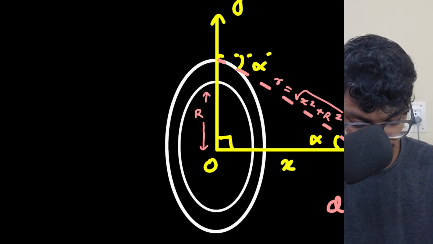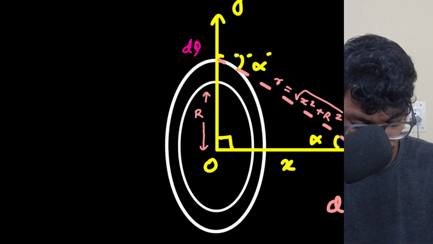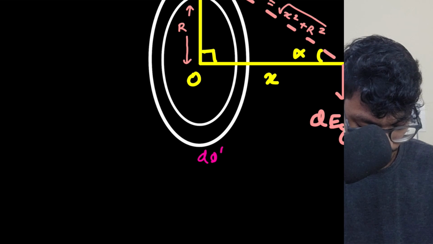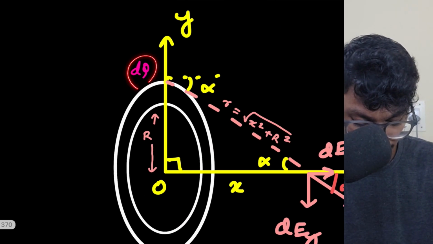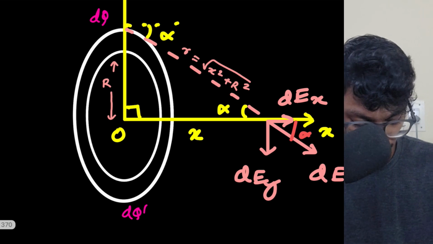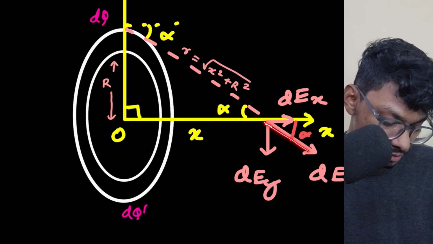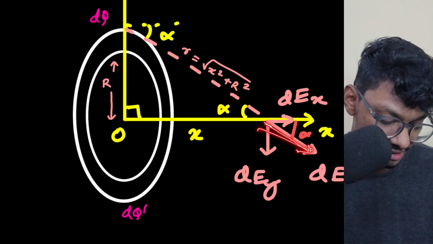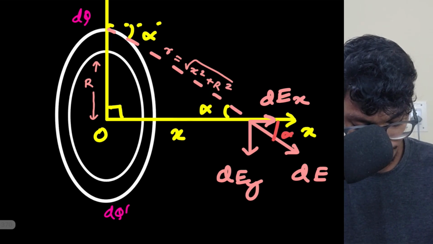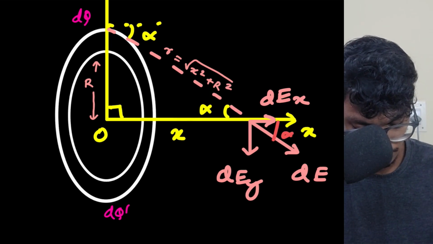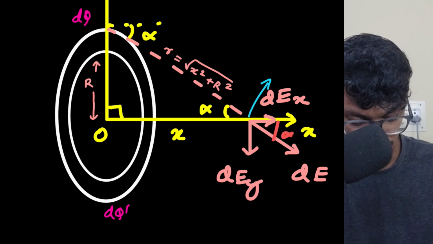So let's say this is dq and this is dq dash. If I take a very small charge dq here and dq dash here, the electric field due to dq will be in this direction, and the electric field due to dq dash will be in this direction.